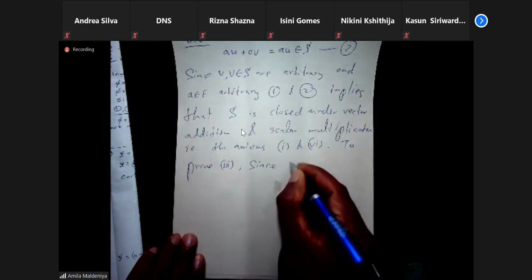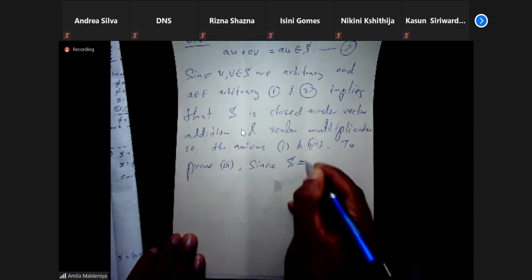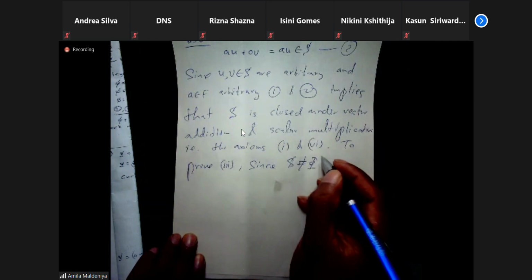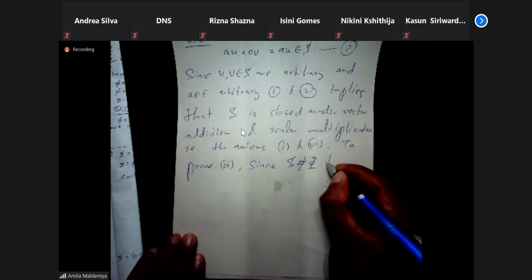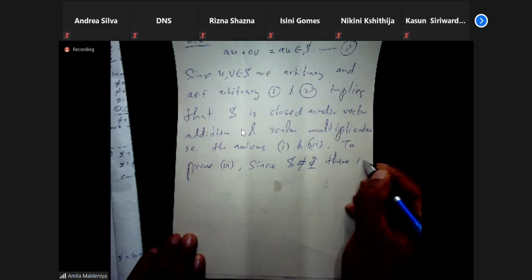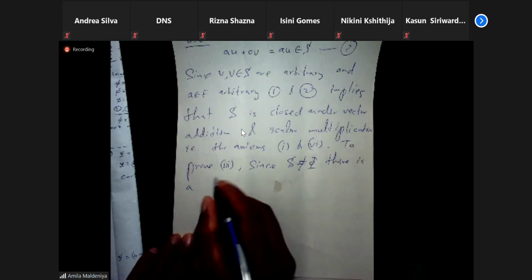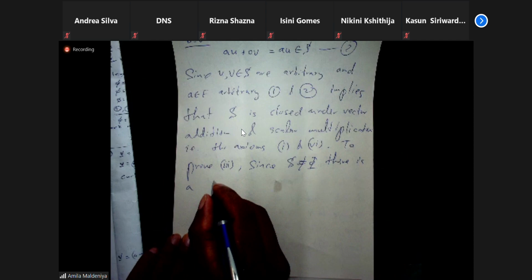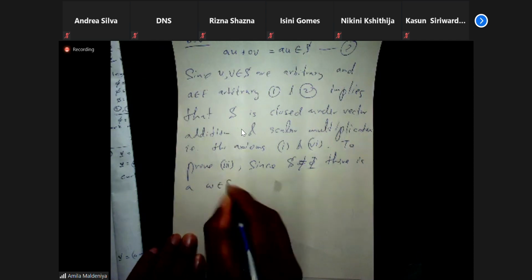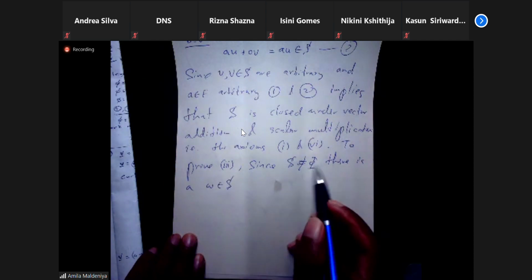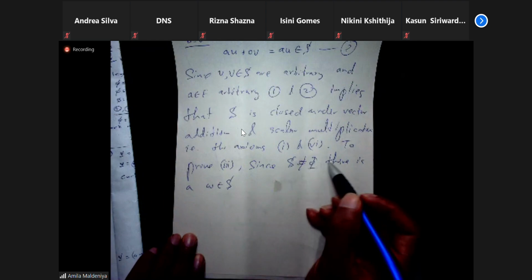since S is non-empty, it has at least one element.